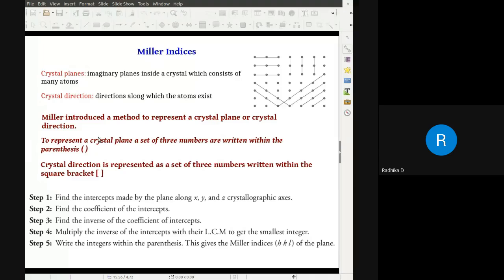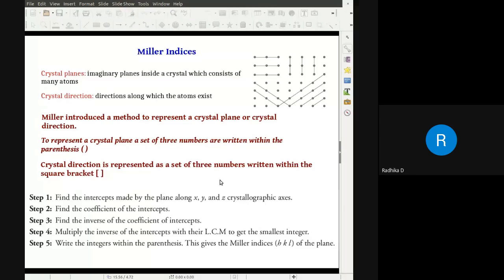Okay. So how can we get these so-called Miller indices, the so-called three numbers, so as to put them in brackets and say that this is the crystal plane represented by them? There are a few steps in order to do that. First one is this. Find the intercepts made by the plane along the x, y, and z axes.